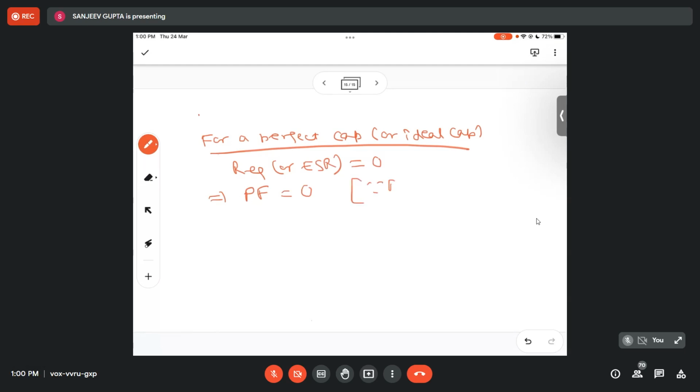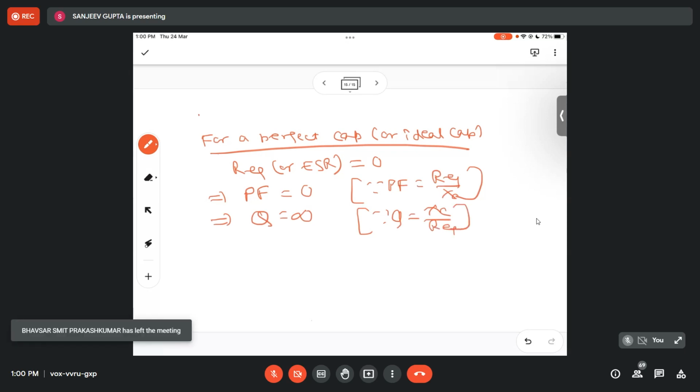And your Q, the quality factor, must be equal to infinity, because we defined Q as XC over R equivalent. Obviously, quality factor is infinite, that means the best quality. And the dissipation factor also should be as small as possible, so it should be nearly 0%.